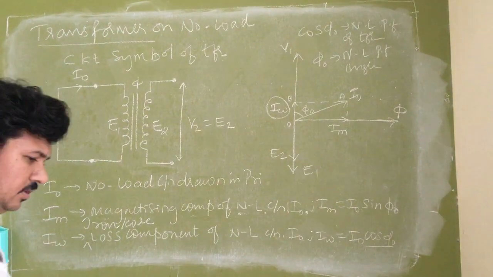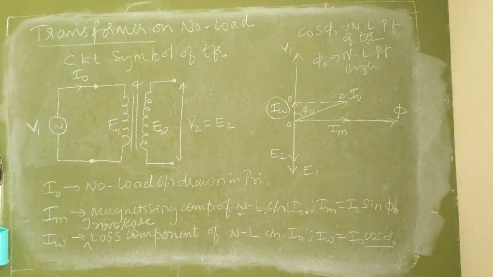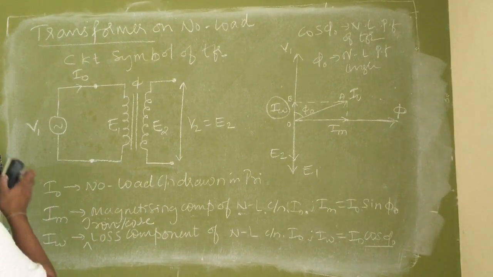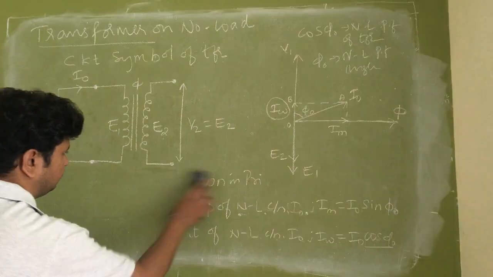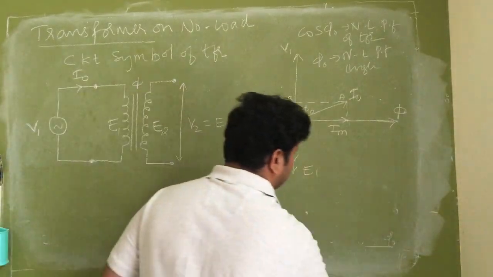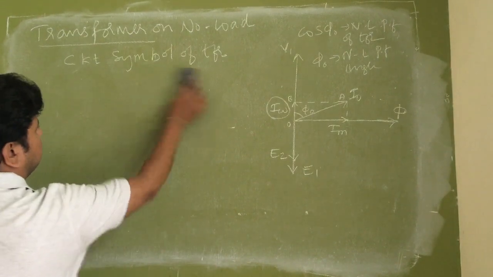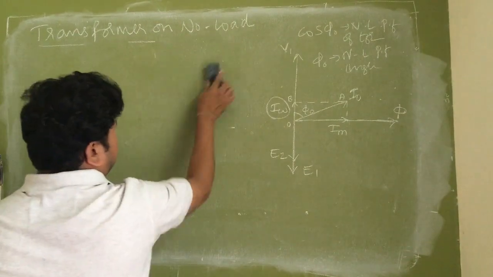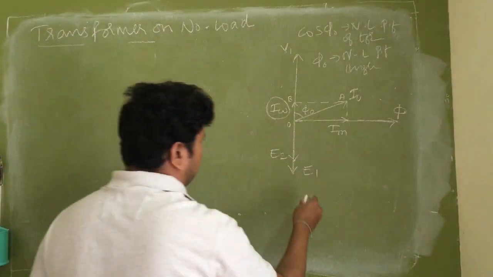Okay, so in the transformer, there are two types of losses. Before that, what is I naught here?